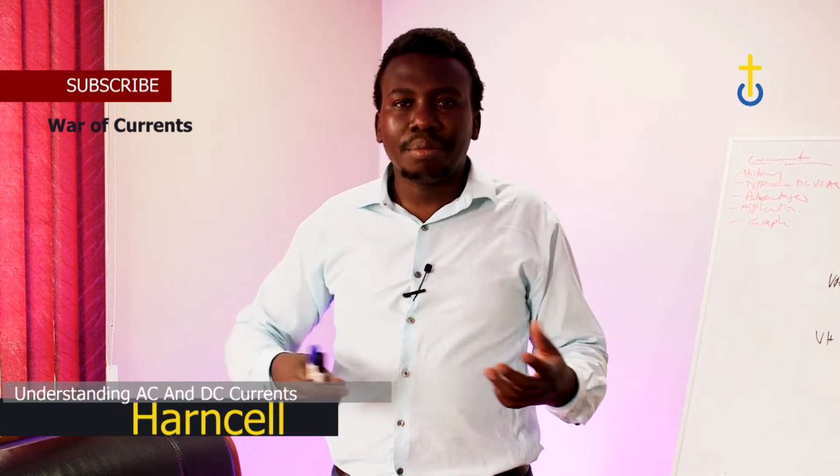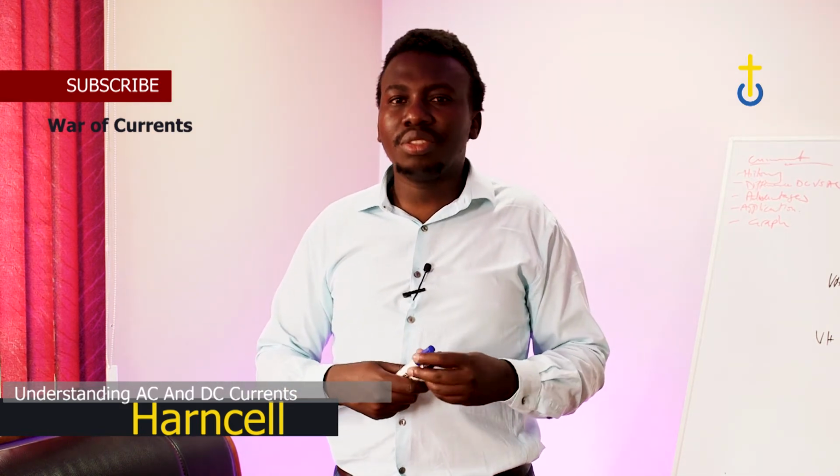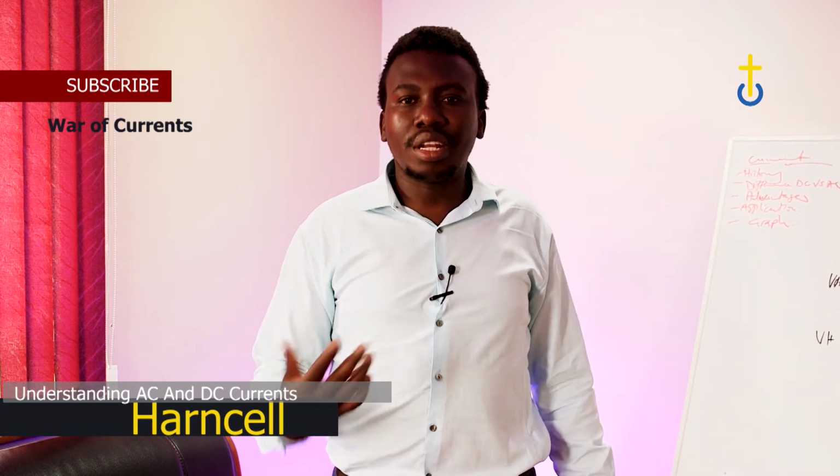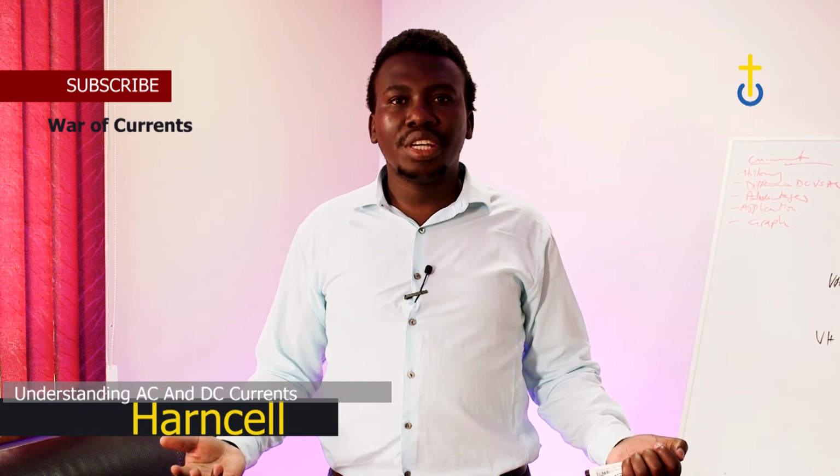So when Tesla came and joined Edison, Edison gave Tesla a challenge. He told Tesla, if you can improve my DC generator, I will give you this amount of money. And Tesla was a genius. This guy was brilliant. So for a few months, he worked on this project, and he came up with a few modifications, and he was able to modify that generator.